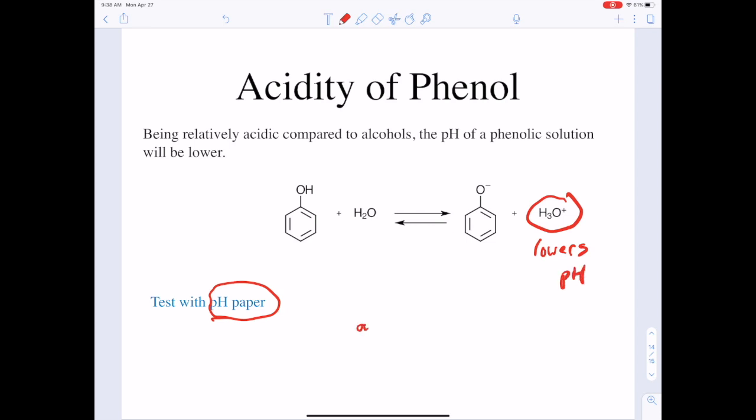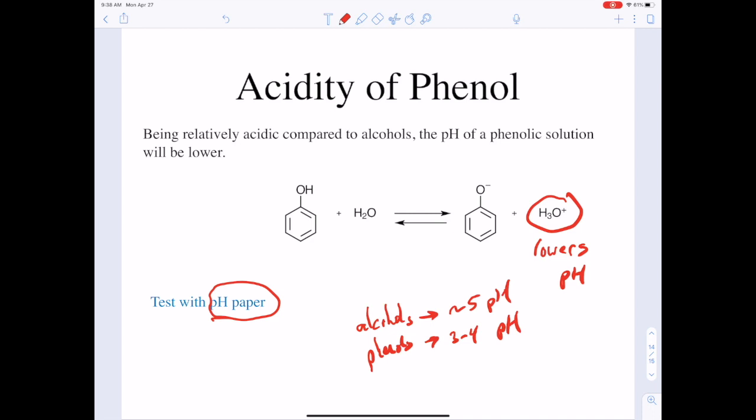So for alcohols, they might be around 5 for pH, and phenols 3 to 4. So the pH will drop a little bit.